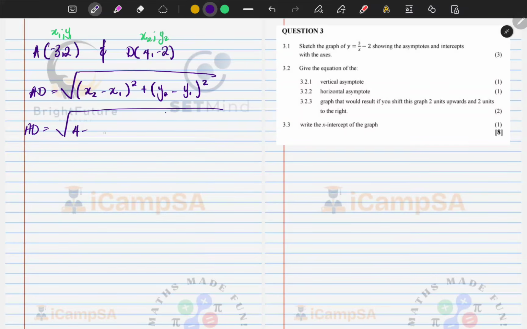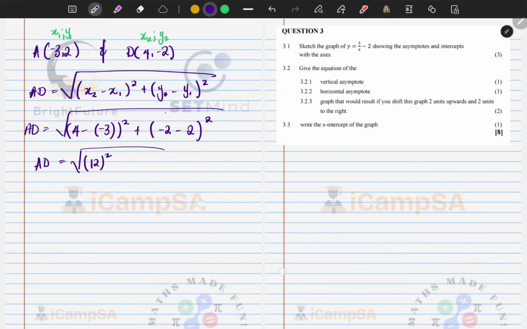It's going to be your (4 minus 3) all squared plus y2, it's (-2 minus 2) squared. So AD is going to be, this is going to be 4 plus 3, which is going to be your 12 squared.